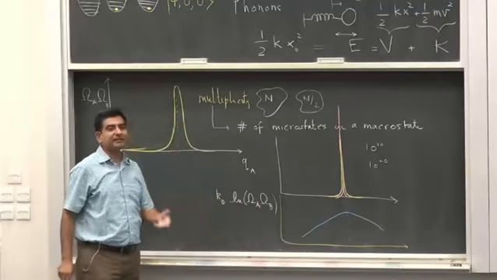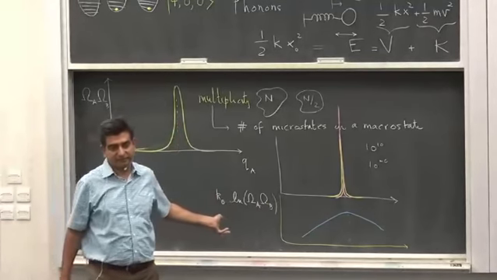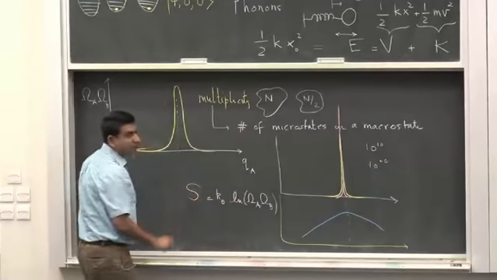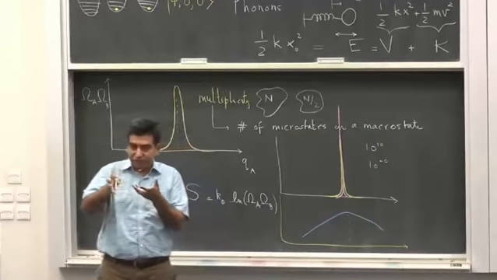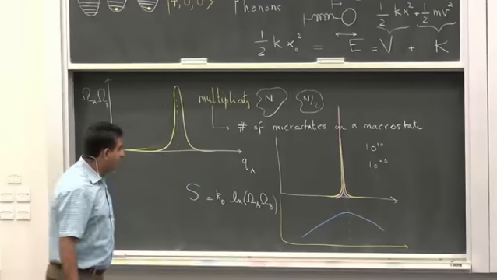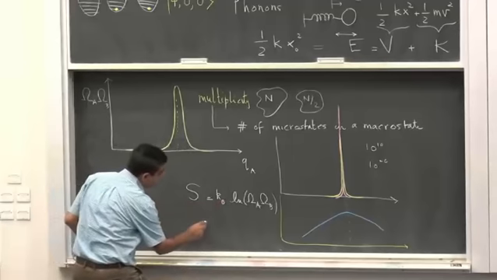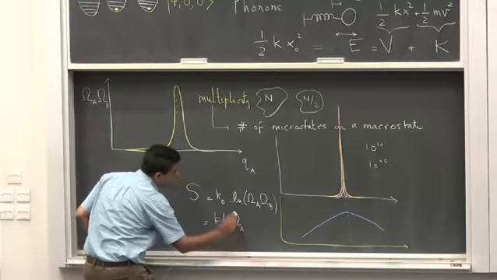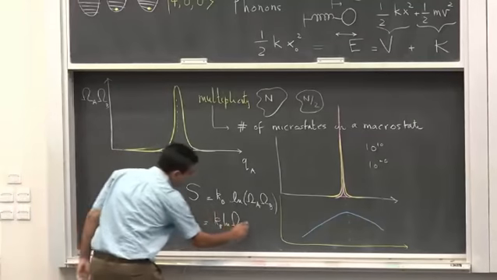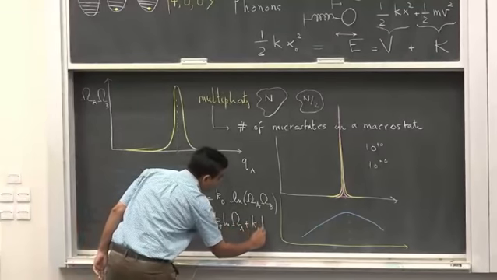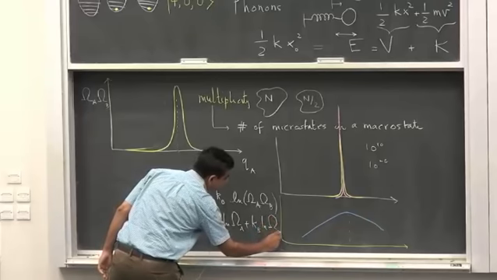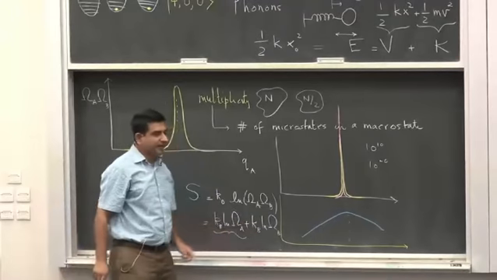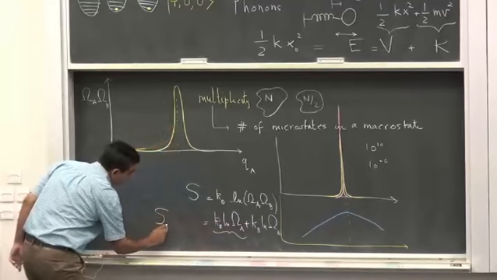If I were to multiply this with KB, and Boltzmann did it for the first time, this overall object is called the entropy of the system, the total entropy of these two nanoparticles. And I can also write this as KB natural log of the multiplicity of A plus KB natural log of the multiplicity of B. This object is called the entropy of A, this object is called the entropy of B, and that is what the total entropy is.